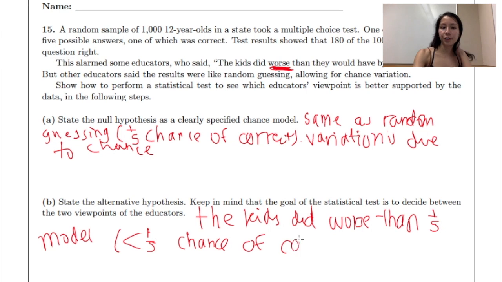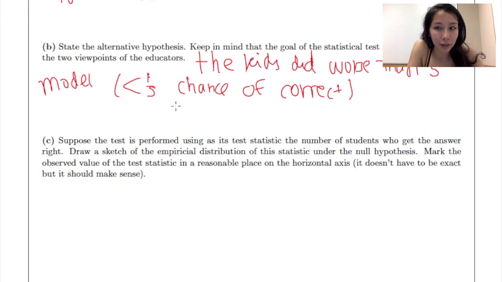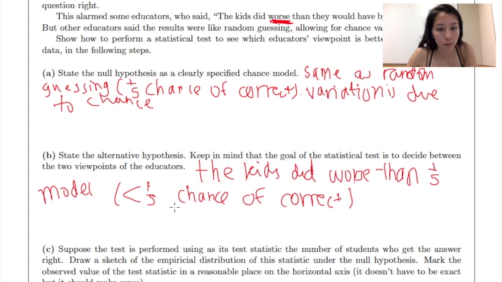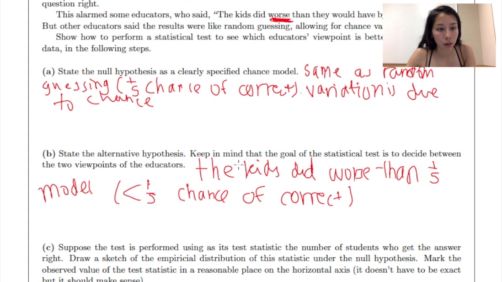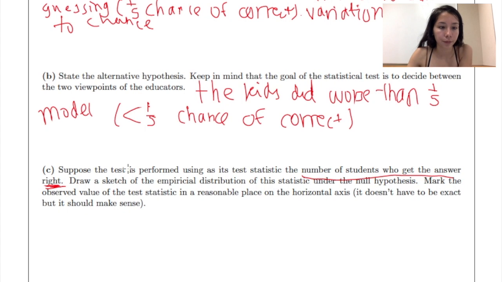Part C. Suppose the test is performed using, as its test statistic, the number of students who get the answer right. Draw a sketch of the empirical distribution of this statistic under the null hypothesis. Mark the observed value of this test statistic in a reasonable place on the horizontal axis. Since the test statistic is just going to be the number of students who get the answer right, we can basically just do a normal curve.